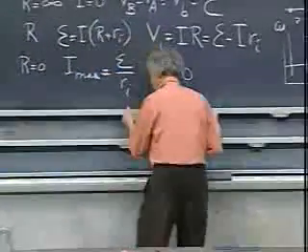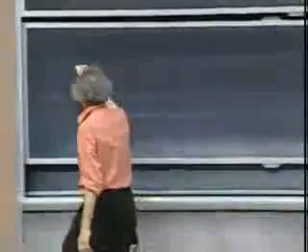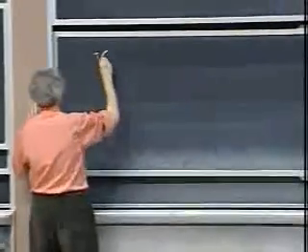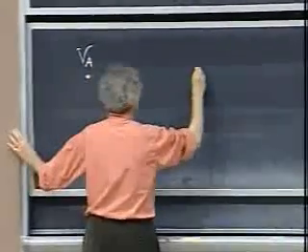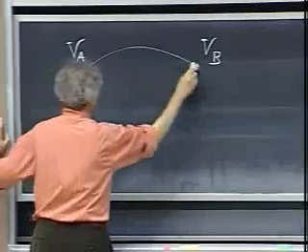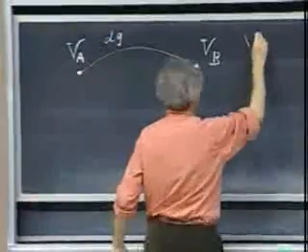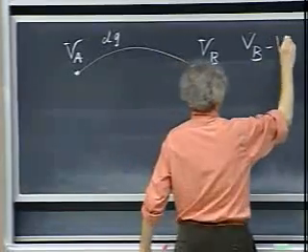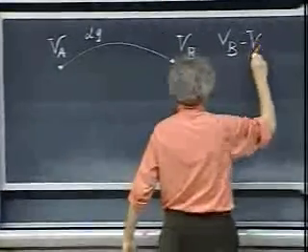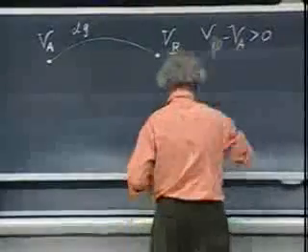If a charge moves from point A to point B, and here the potential is VA, and here the potential is VB, and a charge dq moves, and let's suppose for simplicity, yeah, let's make VA larger than VB.